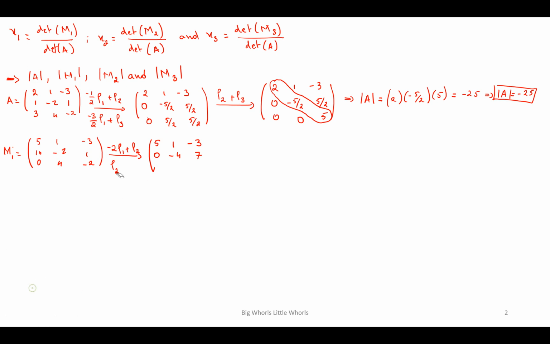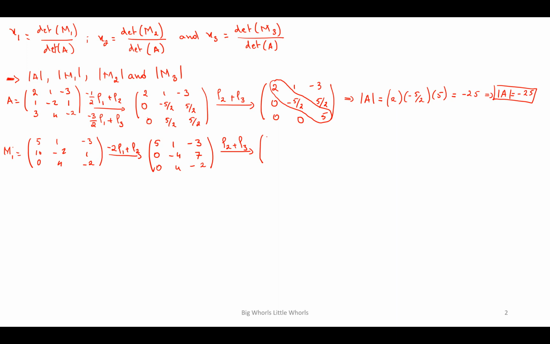It's better to make things clear. So here we have 0, 4, minus 2. What we are going to do here is row 2 plus row 3. I'm sure you know how to do Gauss's method. We have done it, we have seen it in the first chapter.